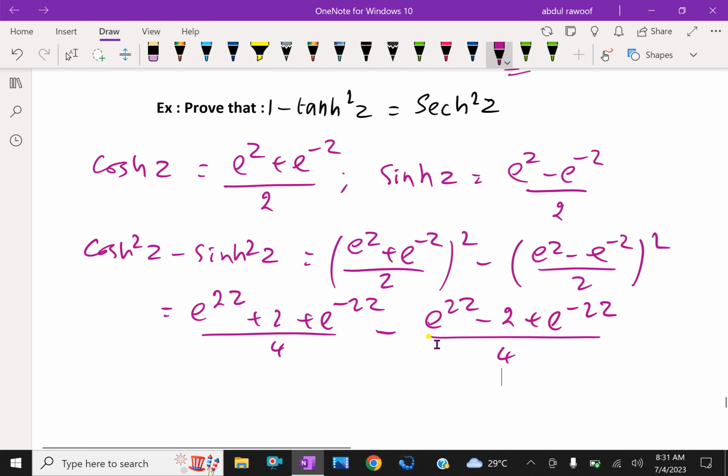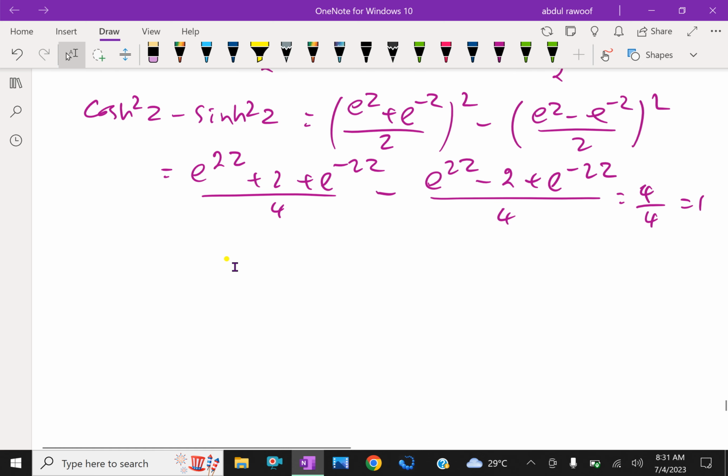Taking the LCM 4, e^(2z) minus e^(2z) cancels, 2 minus of minus 2 is 4, and e^(-2z) minus e^(-2z) cancels. So 4 by 4 equals 1. We got the result cosh² z minus sinh² z is 1.